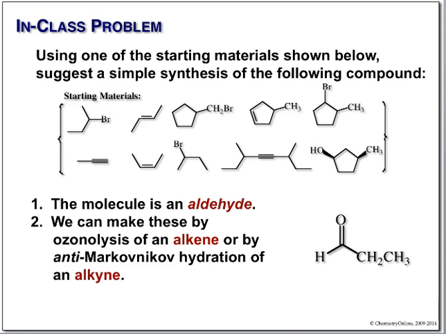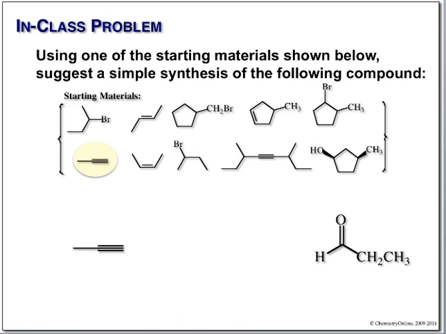You know it's anti-Markovnikov because the oxygen is not on the most stable carbocation. Well, as we look around, we have a 3-carbon backbone here. My gosh, there's only one 3-carbon backbone, isn't there? That makes it simple.